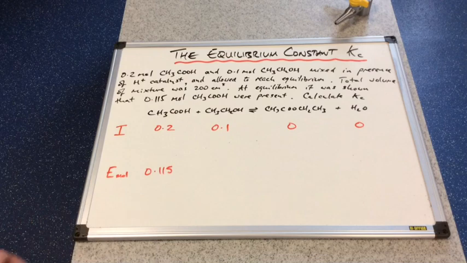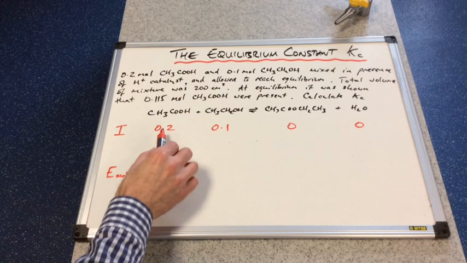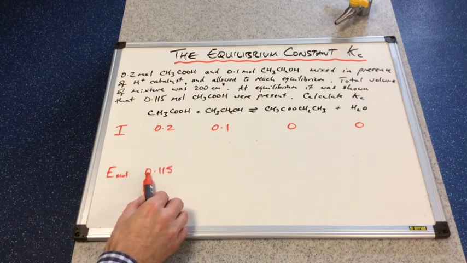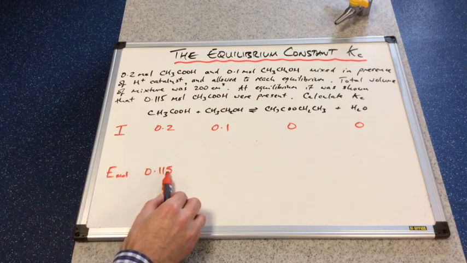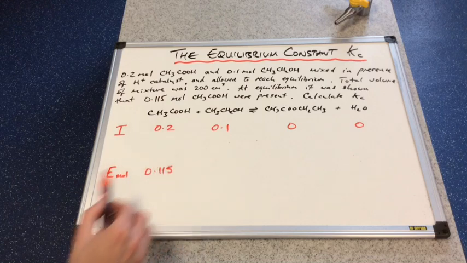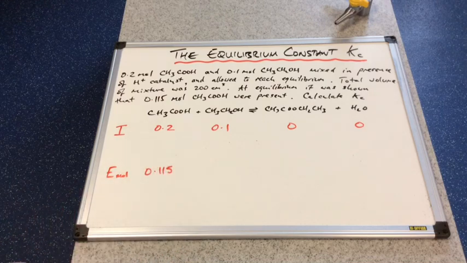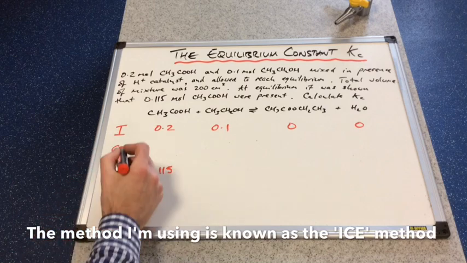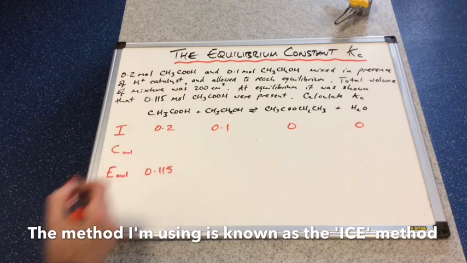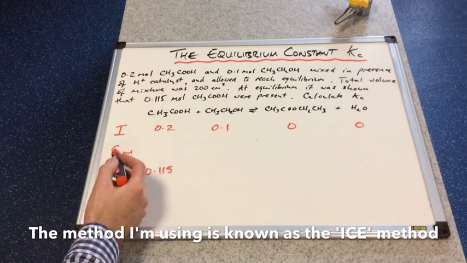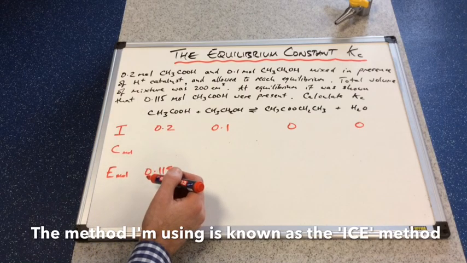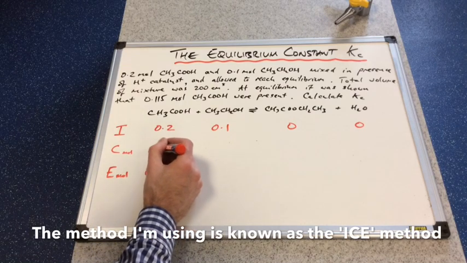So from that we can see that if we started with 0.2 and we've got 0.115 left, then the difference is obviously how much has reacted. So we could put a C there, that's the change in moles. So the change in moles is going to be 0.085.